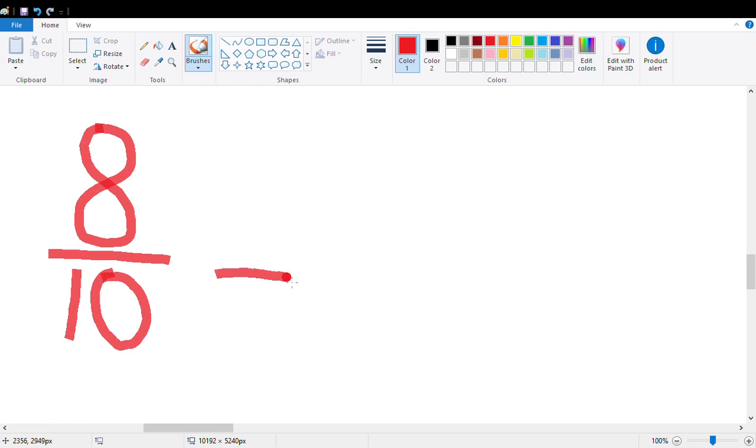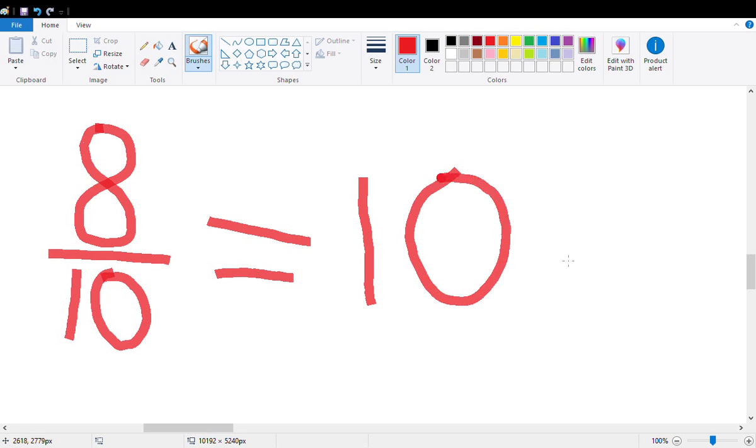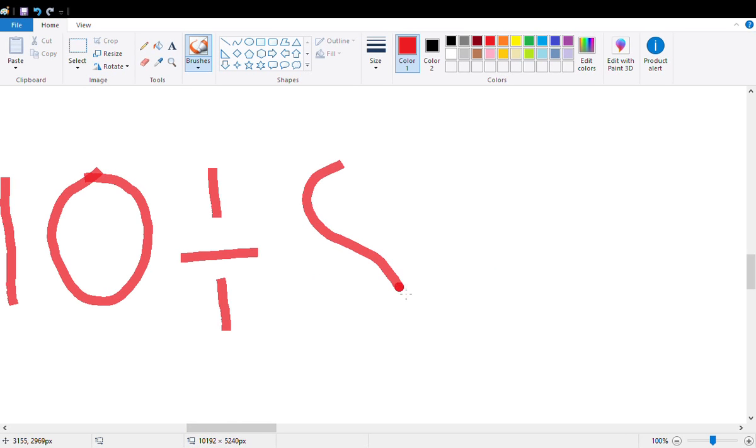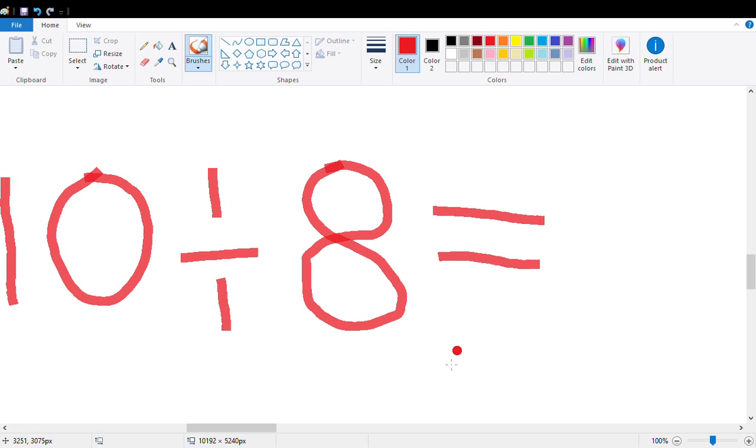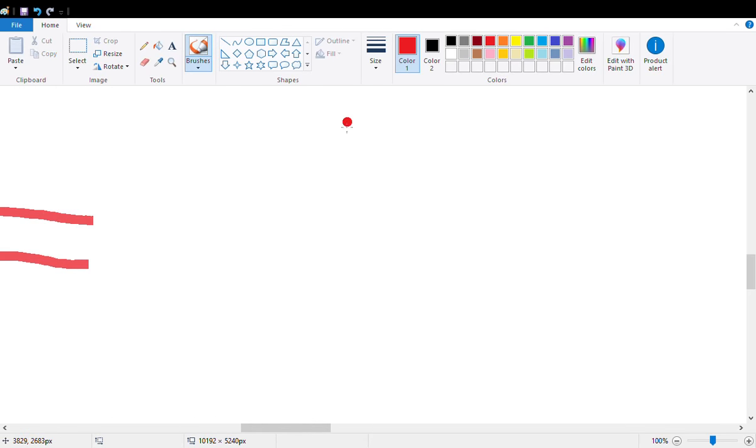Which equals to 10 dividing 8. This is impossible to do, like some smart people say. I don't mean that. I mean this.